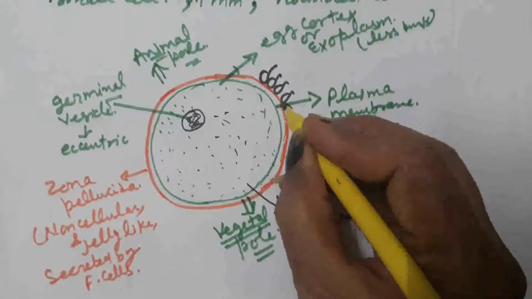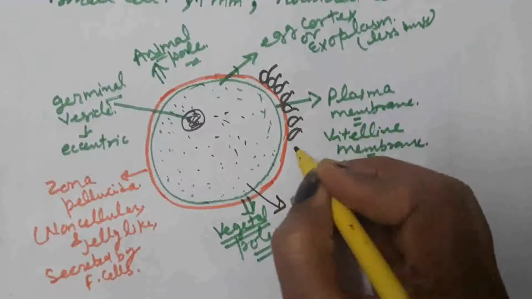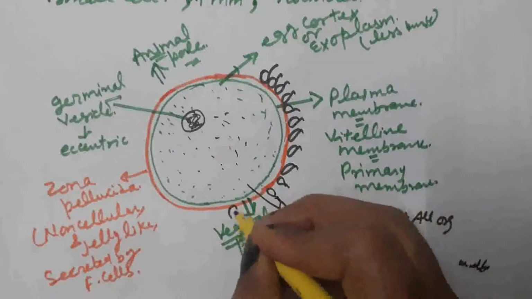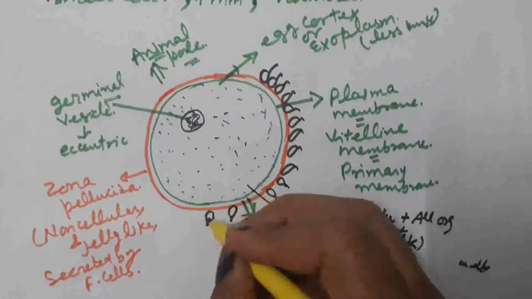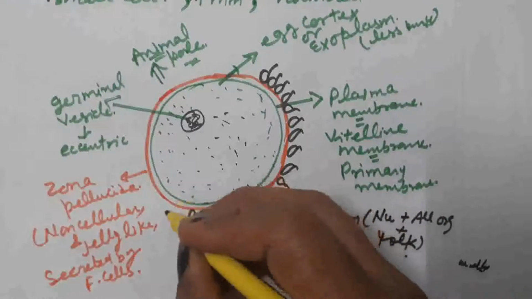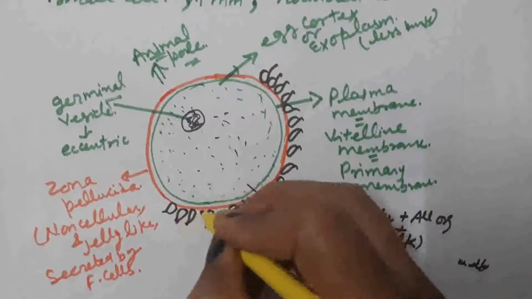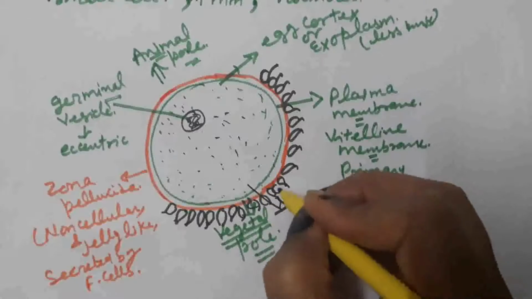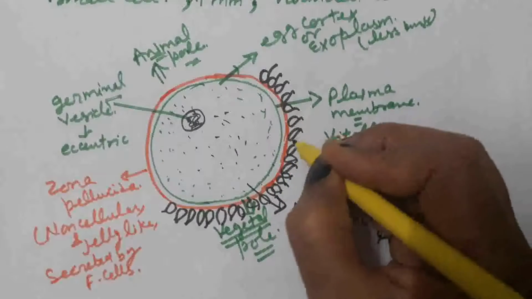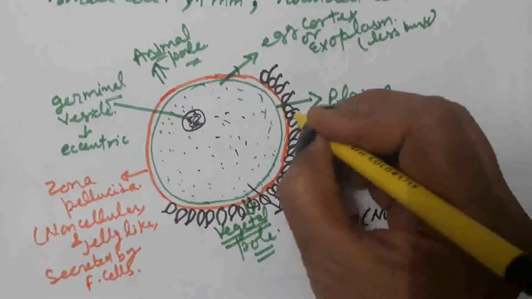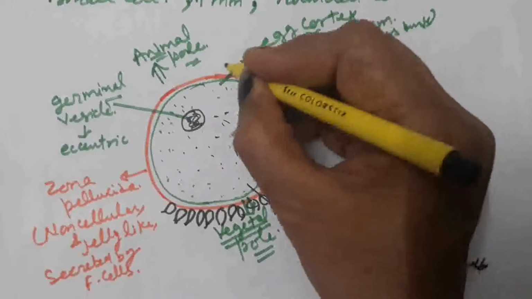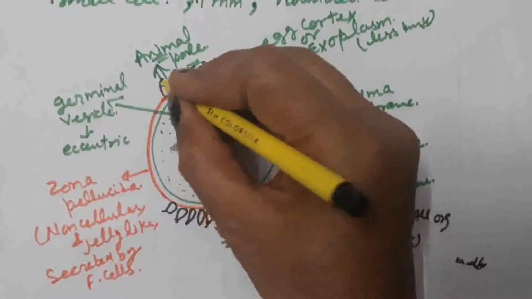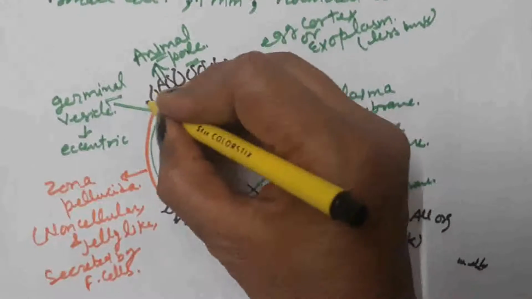These are present all around the egg outside the zona pellucida.